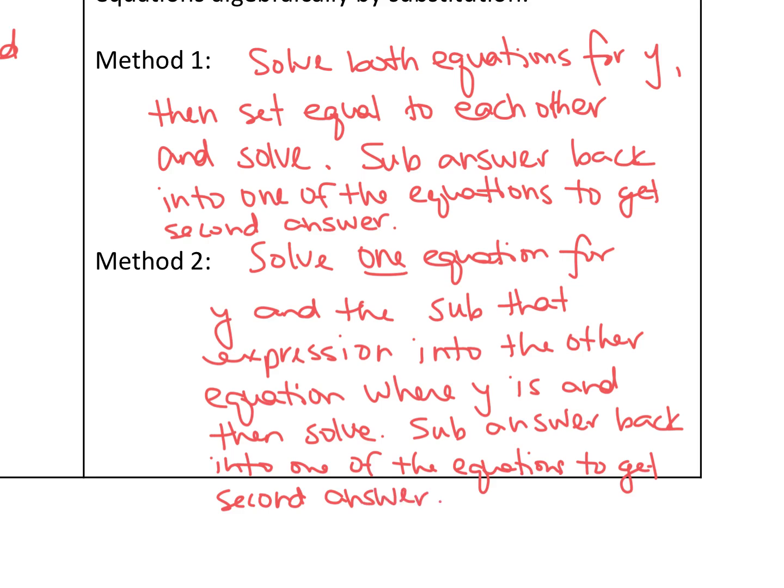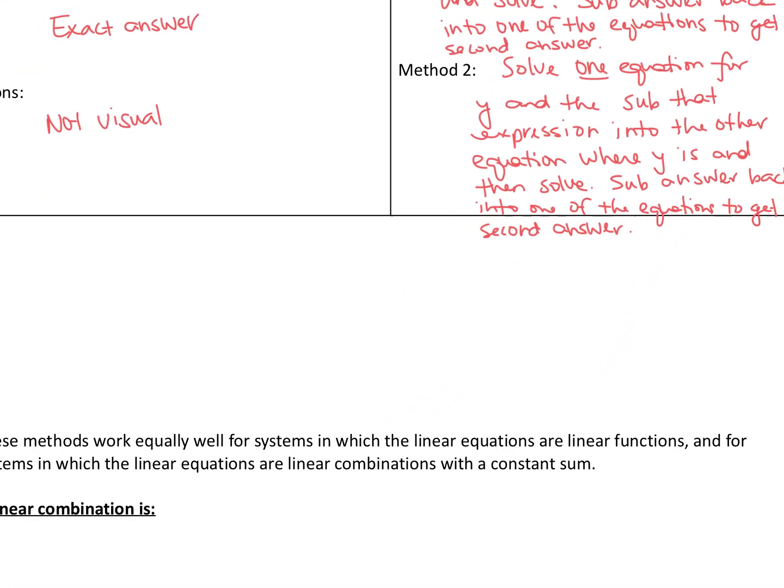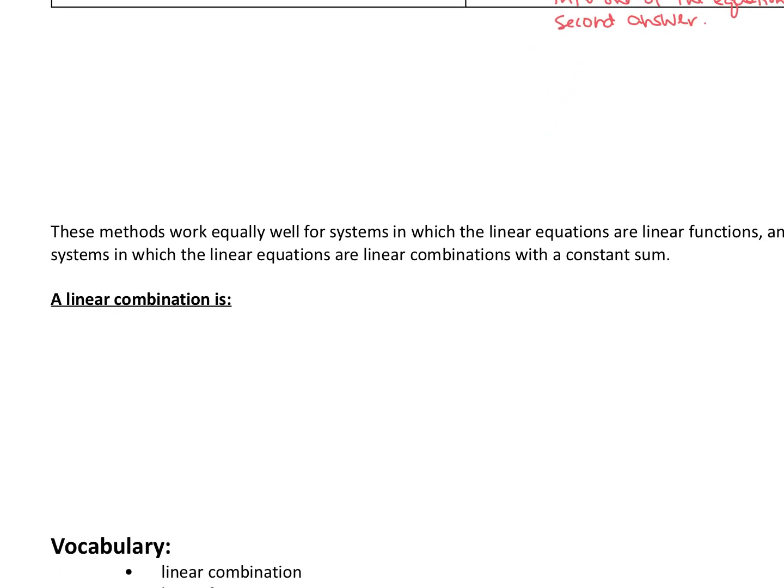All right. Okay, let's go ahead and turn the page and finish our takeaways. On the second page, we've got a definition for a linear combination. A linear combination is a sum of linear terms.